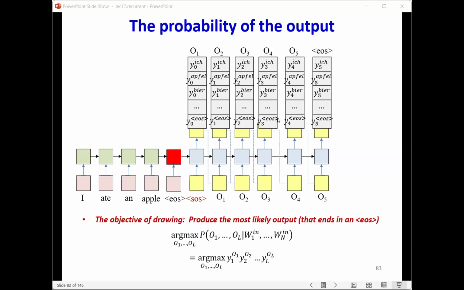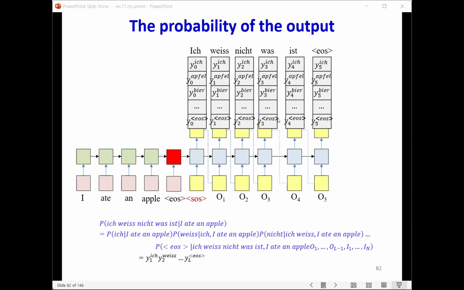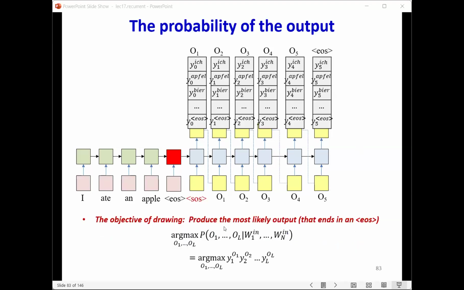All right, so now what is the model really trying to do? If I'm performing translation given an input, it's trying to obtain the most likely output, right? Yes or no? And so the objective of drawing is to generate a sequence of symbols such that the probability of that sequence given the input is maximized.